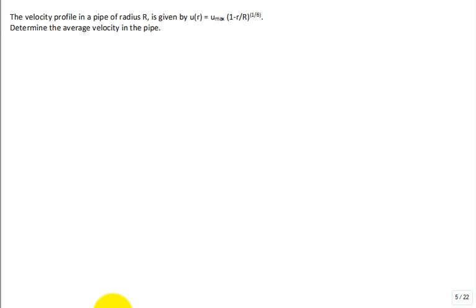The velocity profile in a pipe of radius R is given by some non-parabolic profile. It's 1 minus r over cap R, all of that to the 1/6 power times U max. Okay, that's U as a function of r. Determine the average velocity in the pipe. Haven't we done that before? Very similar profile.